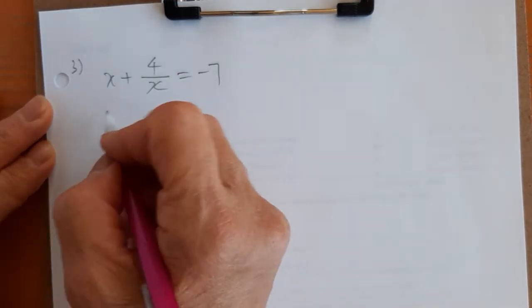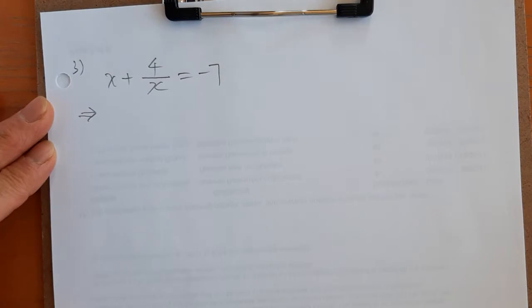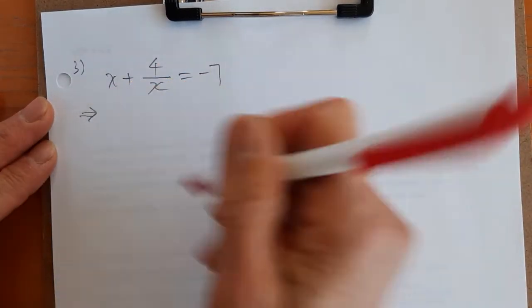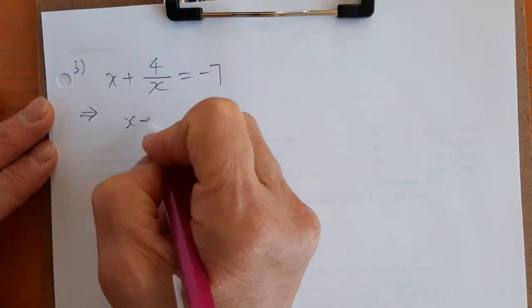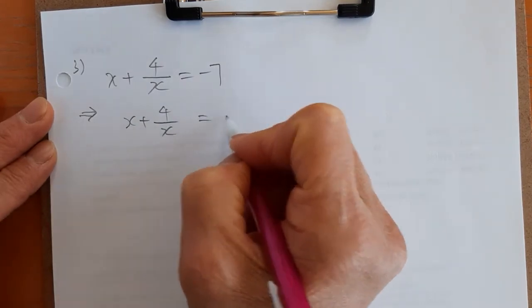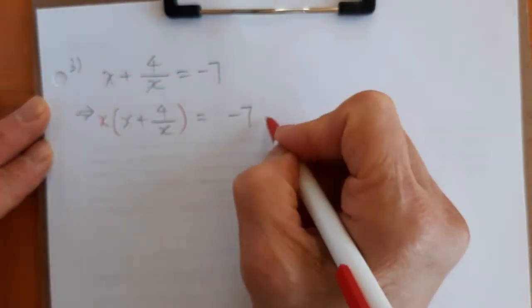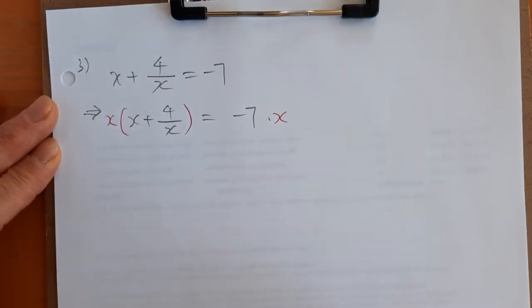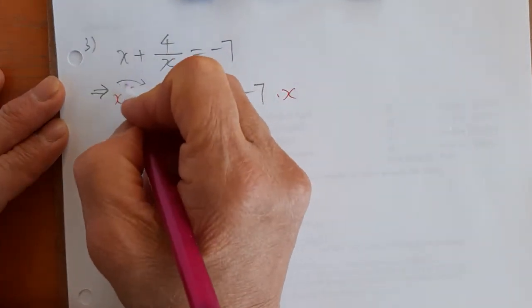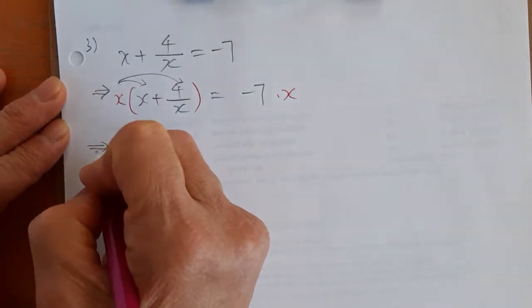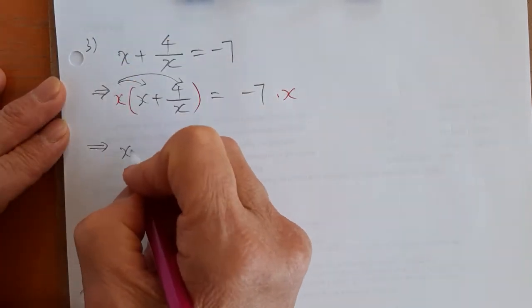You can multiply both sides. X plus 4 over x equals negative 7. So you multiply the left by x and the right by x. They still equal. Then distribute it in, each term times x.